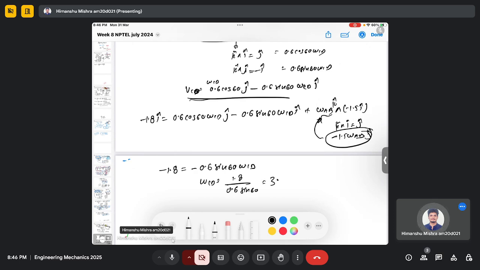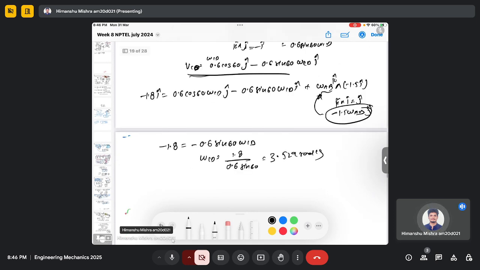So this will be 3.529 rad per second. And when you pull out the y component, this will be 0 equals 0.6 cos 60 omega CD minus 1.5 omega BC.